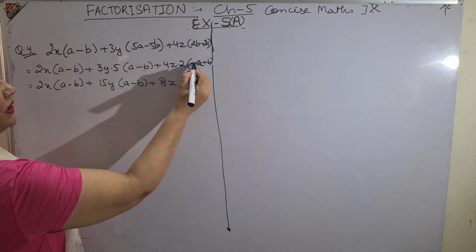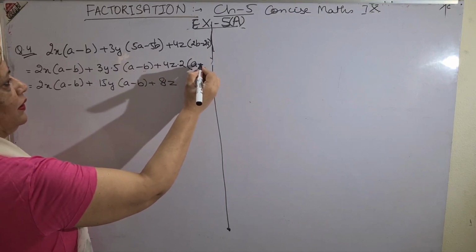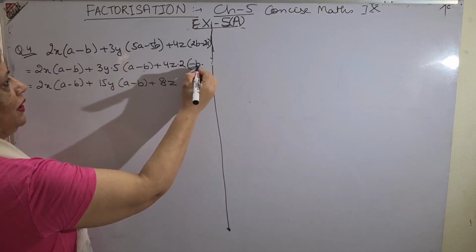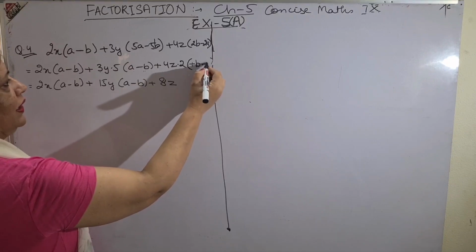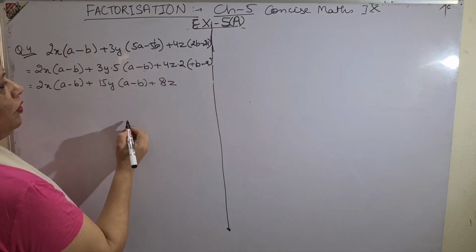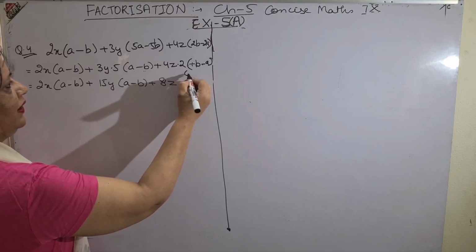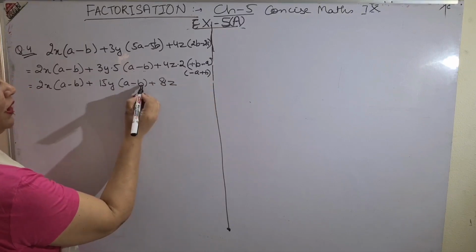You take this minus common. Be careful, children, in this step I am writing again: this is minus a plus b, because I want a minus b.